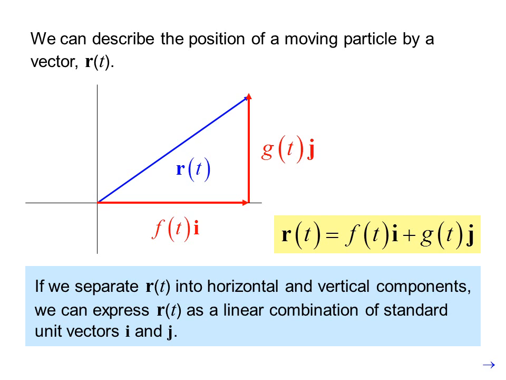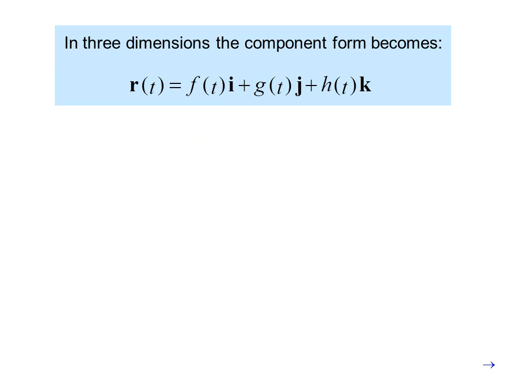That is, r of t equals f of t i plus g of t j. In 3 dimensions, the component form becomes r of t equals f of t i plus g of t j plus h of t k.